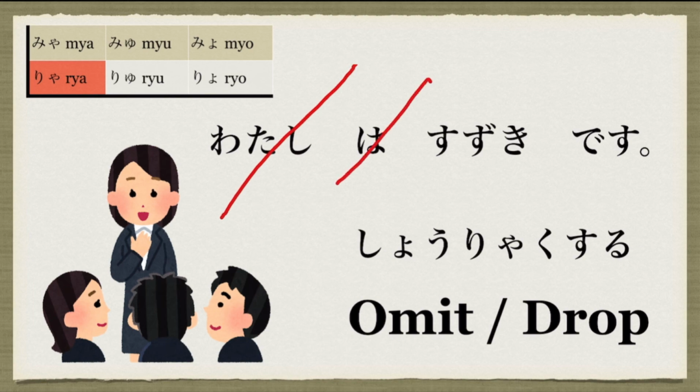We can just say 鈴木です. Oh, her name is Suzuki. Suzuki is a famous 名字, a famous surname, famous family name for Japanese people, like Suzuki, the car company. The bike company? The car company.